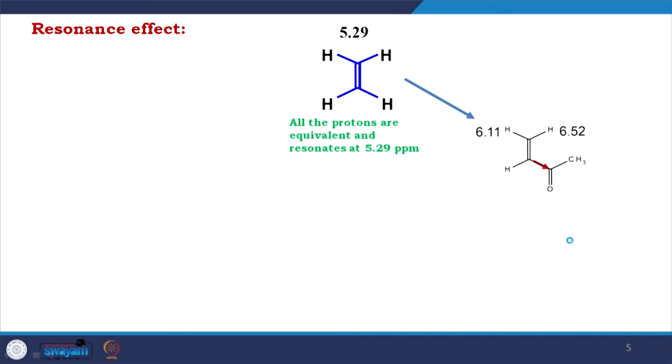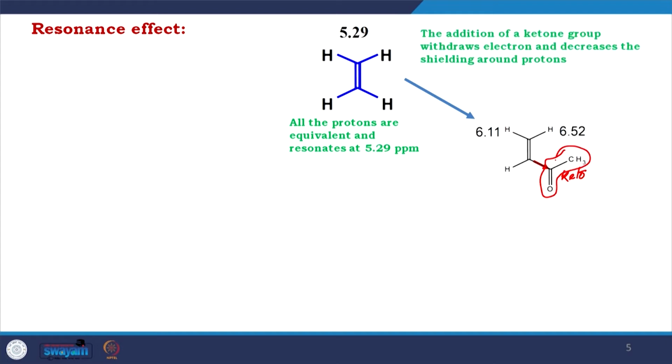Now, if you introduce a carbonyl group, COCH3, a keto group, the addition of a ketone group withdraws electrons and decreases the shielding around the proton. So, it takes the electrons, the shielding effect reduces, and the chemical shift increases. The chemical shift from 5.29 now becomes 6.52.